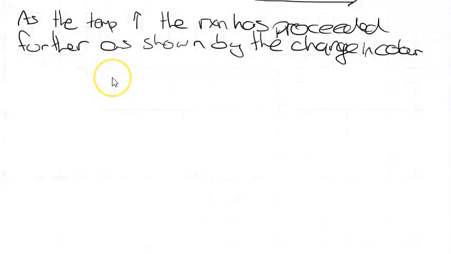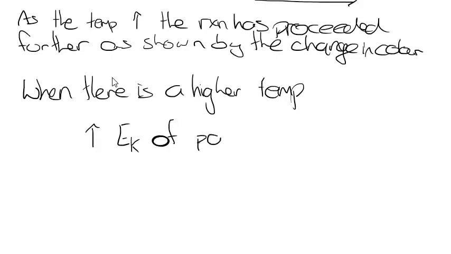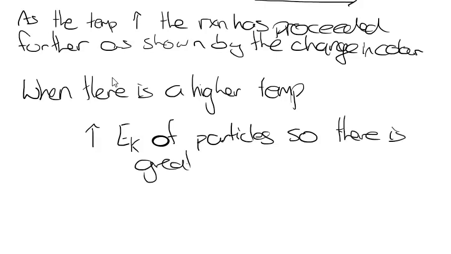So for this we will talk about when there is a higher temperature, that is going to mean that we've got an increase in kinetic energy of the particles. So more collisions, so there will be a greater frequency of collisions.